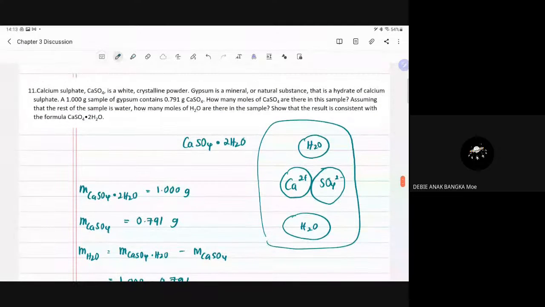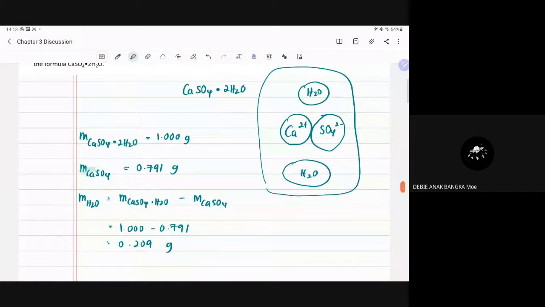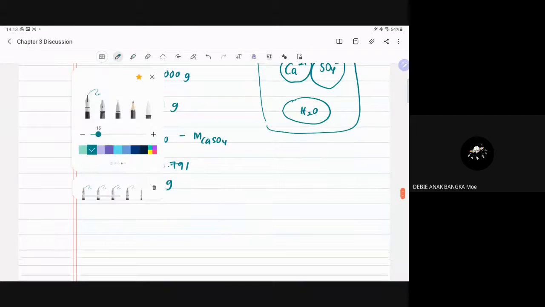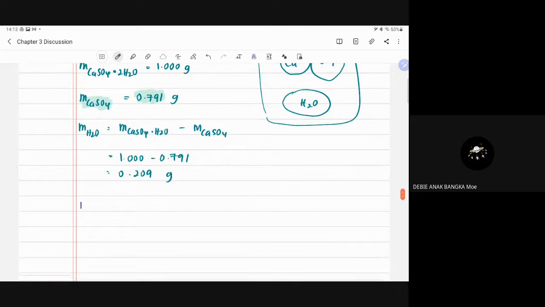Okay, so ini adalah mass water. Now, okay, how many moles of CaSO4 are there in the sample? So, pertama sekali dia minta kamu cari number of mole of CaSO4. Part ni kamu boleh jawab sepatutnya sebab kamu ada yang ini. You have that value here. So, let's find the number of mole of CaSO4 is equals to mass of CaSO4 divided by MR bersamaan dengan mass dia 0.791 divided by calcium.